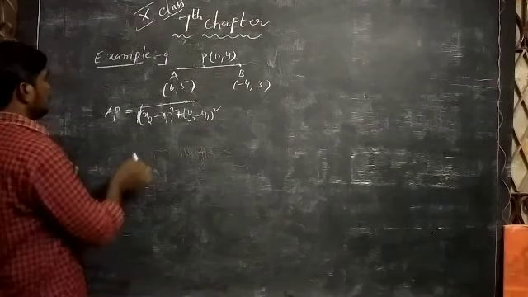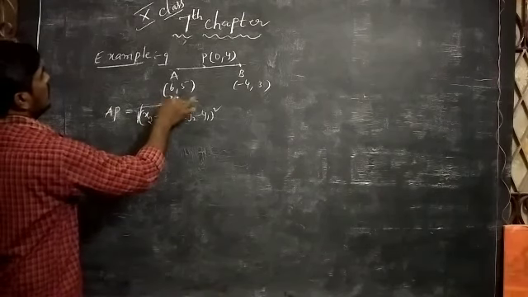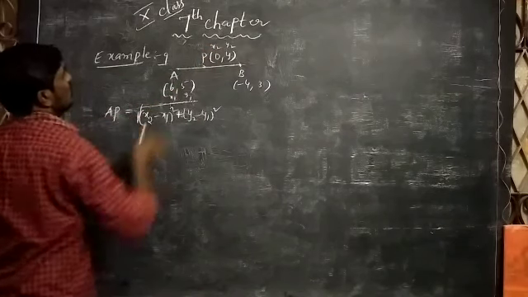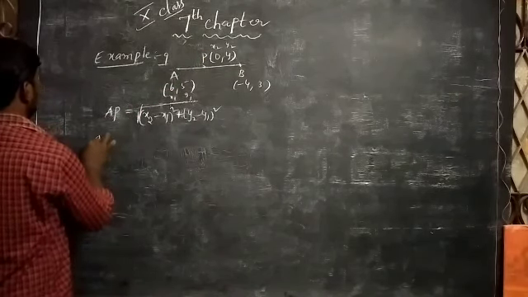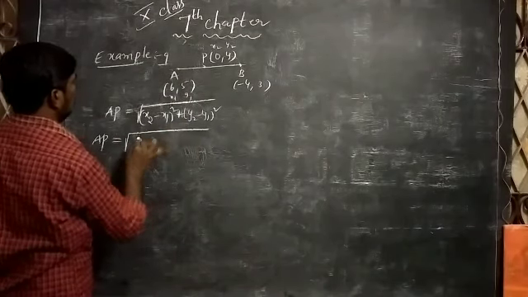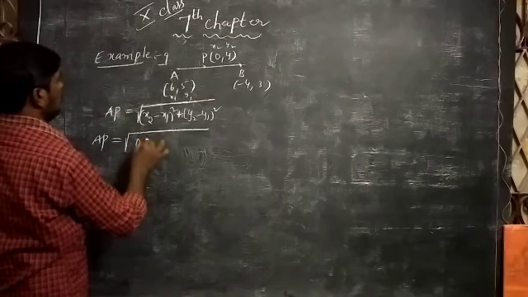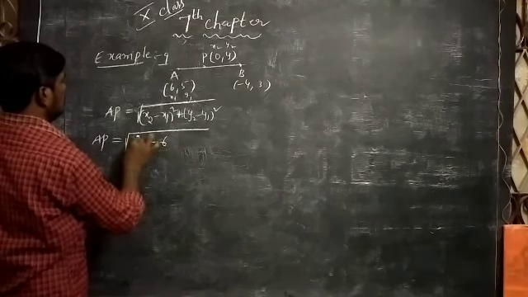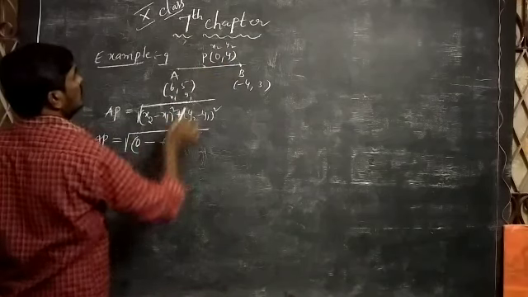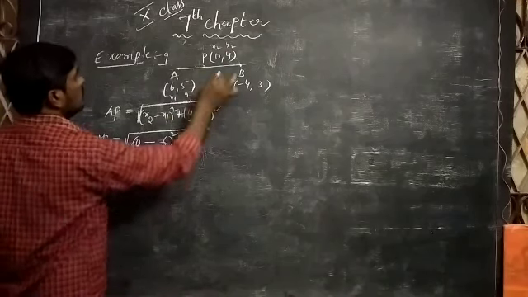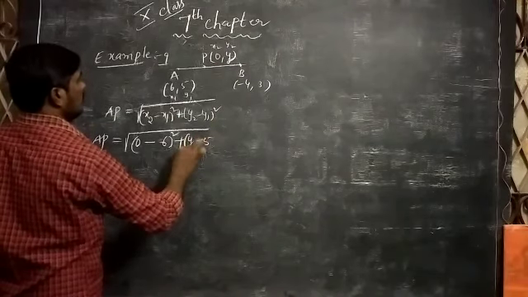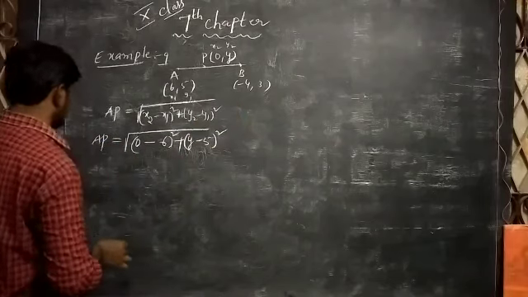Then the coordinates of A you can take as (x1, y1), and the coordinates of P as (x2, y2). So substitute: x2 is 0, minus x1 which is 6, whole squared, plus y2 which is y, minus y1 which is 5, whole squared.